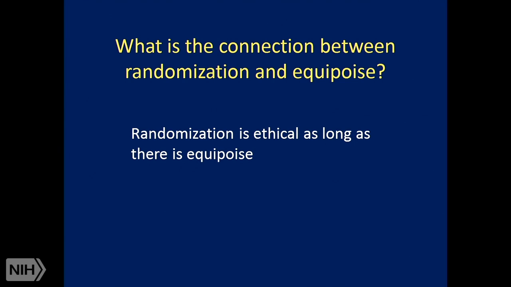You have a hunch, you think, the early trials seem to indicate blah, blah, blah. But at the end of the day, there's no definitive evidence that one is better than the other. That's equipoise. So what's the connection between randomization and equipoise? If you don't have equipoise, it's unethical to do randomization. If you know one treatment is better than the other, you can't just toss a coin and send people to one or the other. You have to have equipoise.